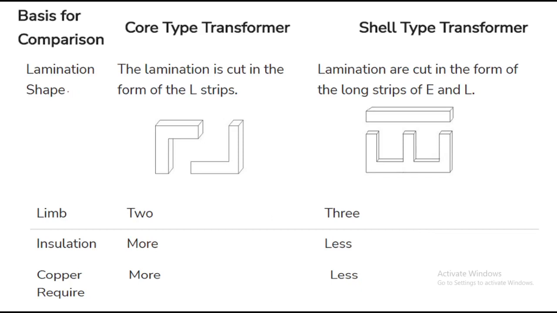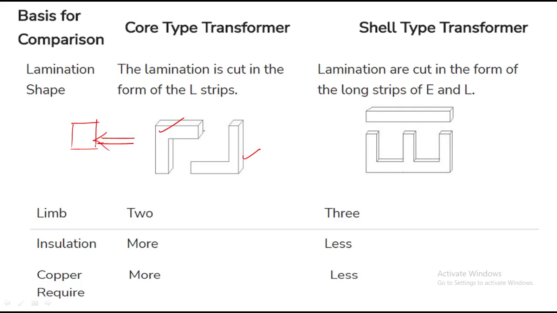Coming to lamination shape, what we have discussed, this should be in the form of square, right? This is one section and that is another section. So these two sections can be tightly coupled. Obviously we are going to get this type of square construction of core.